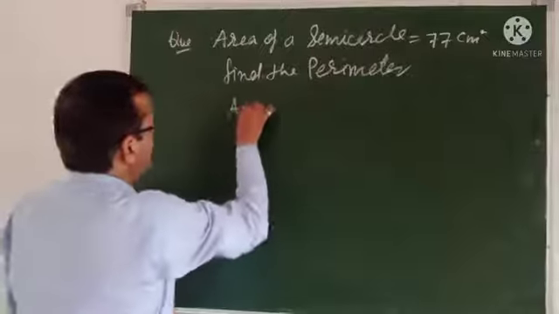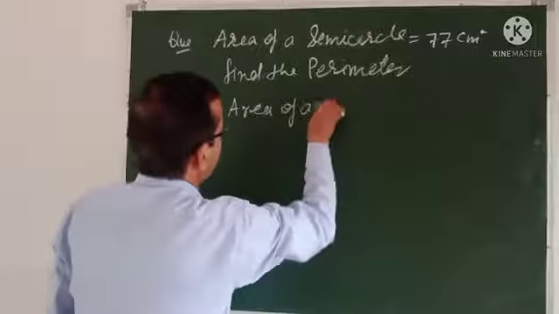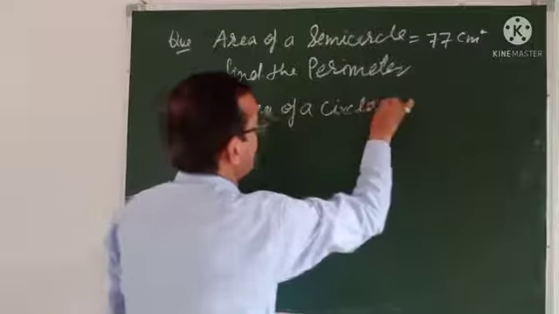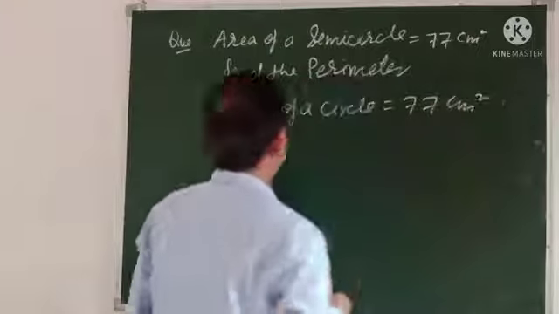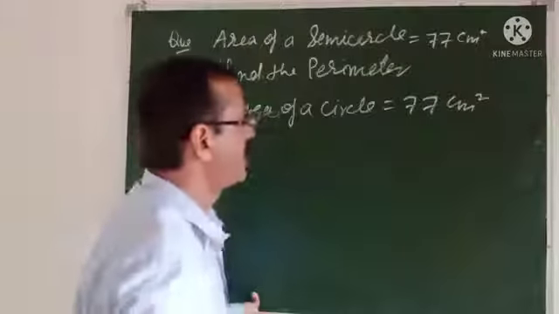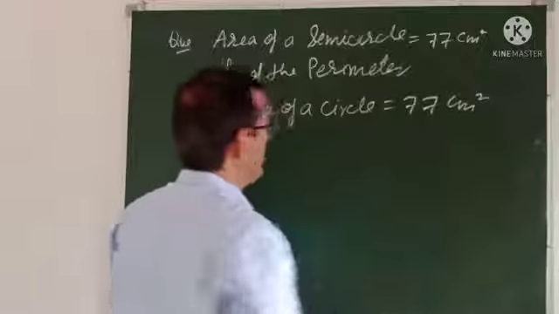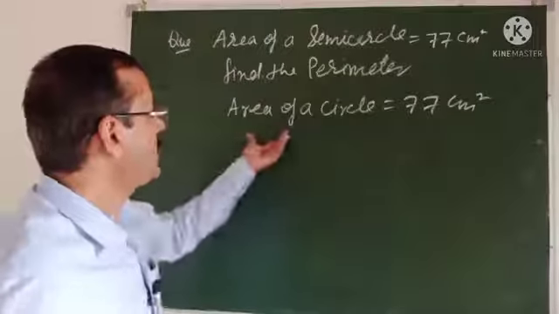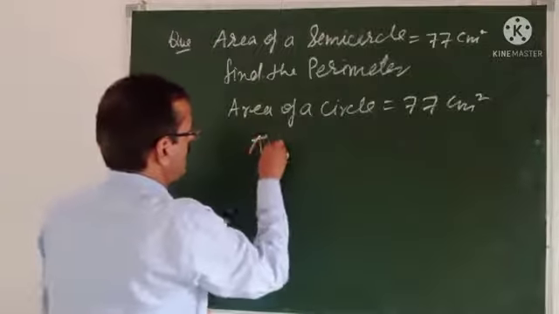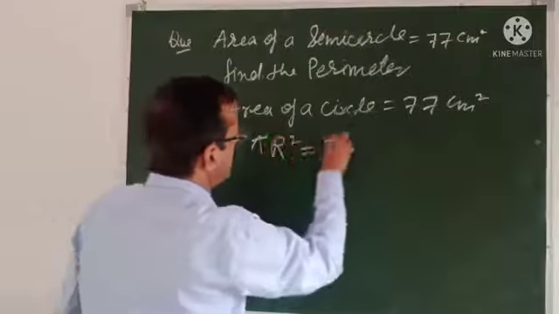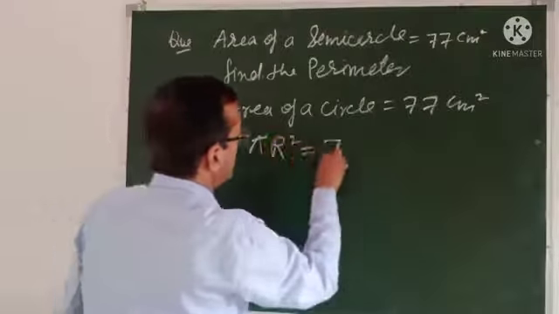As you know, the area of a circle formula is pi r square. Pi r square is equal to what is given? 77 centimeter square is given.